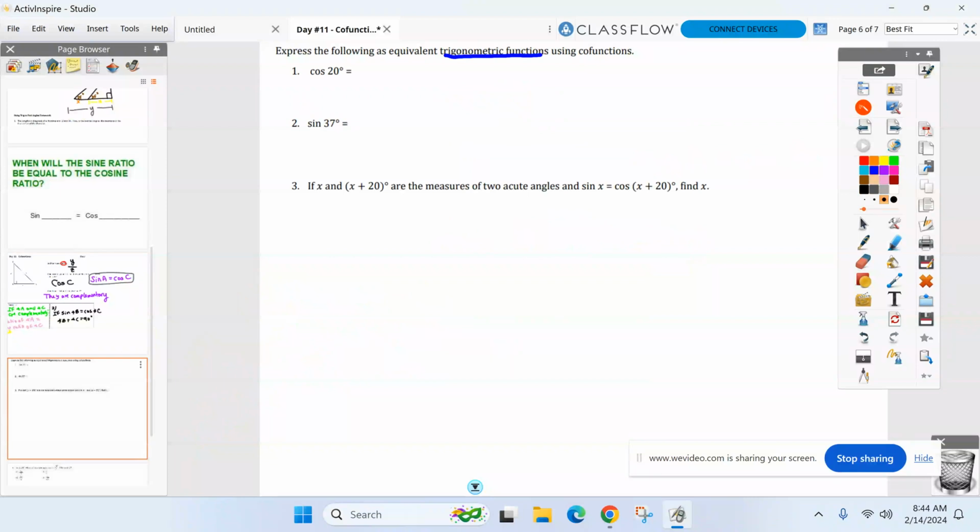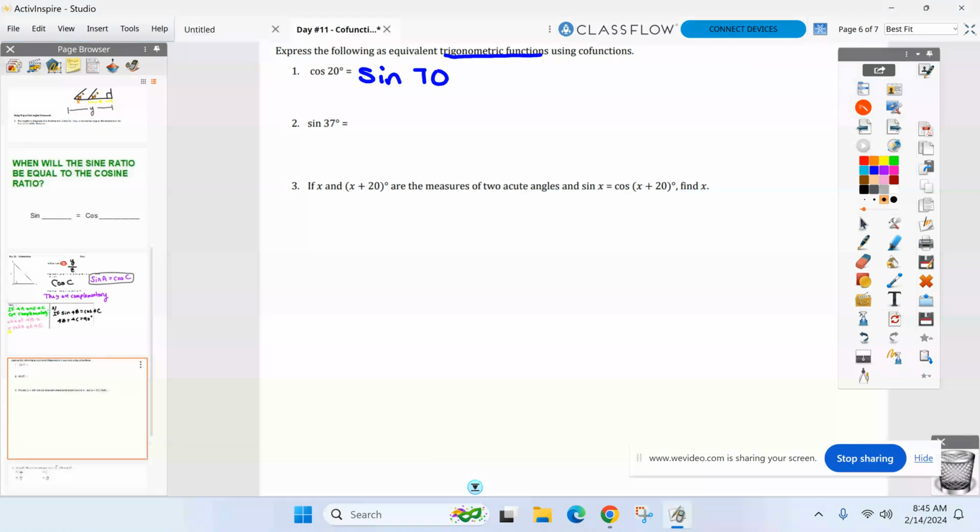Don't write that long decimal from your calculator. Give me something else that it's equal to. Cosine of 20, the same as, Zoli? Not cosine again, sine of 70. Why are we picking 70 in particular? They've got to be complementary, right? They've got to add to 90. And you can check that on your calculator if you're unsure.